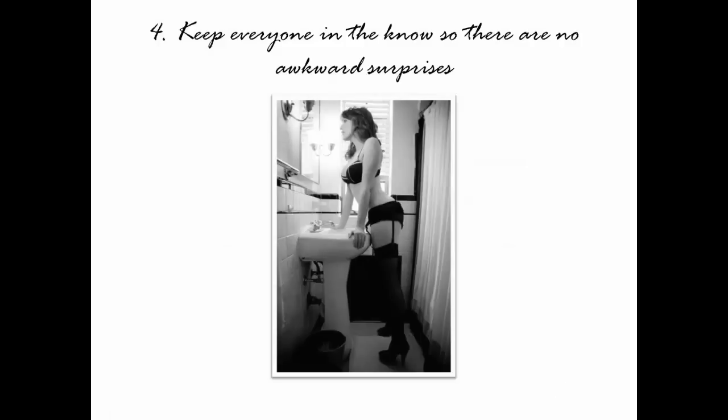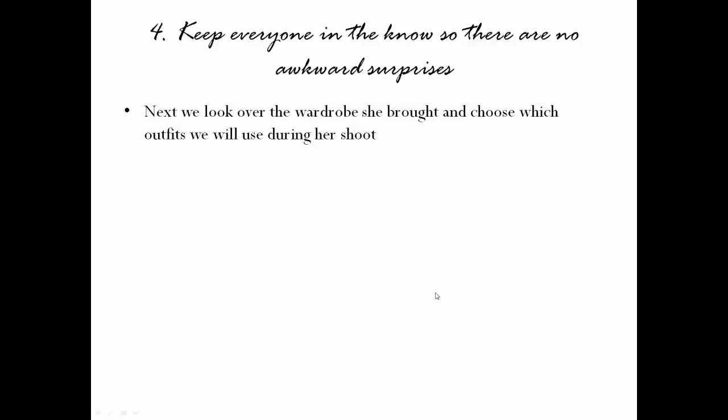Then the fourth step is it's important to keep everyone in the know so there are no awkward surprises. Basically, I just want everyone to know what's going on before we do it, to kind of prepare, and then we can ask questions then, and just feel comfortable from the get-go. So we'll look over the wardrobe that she brought and choose which outfits she wants to use during her shoot.